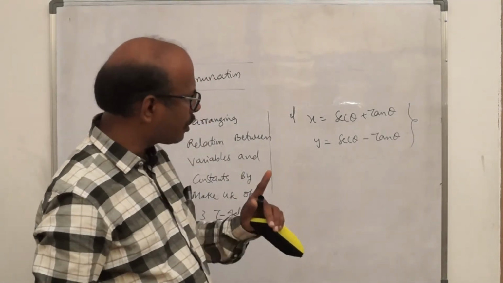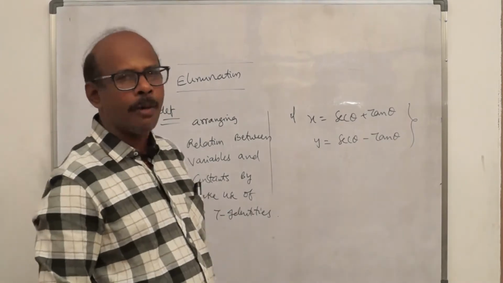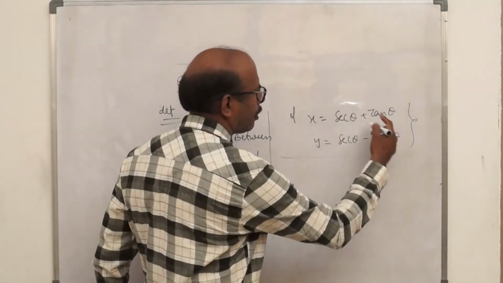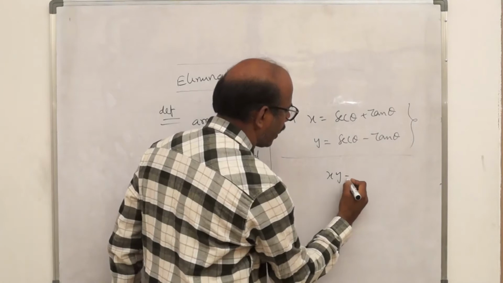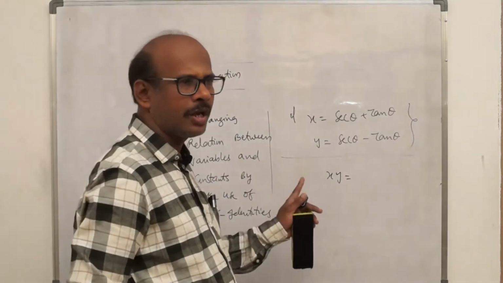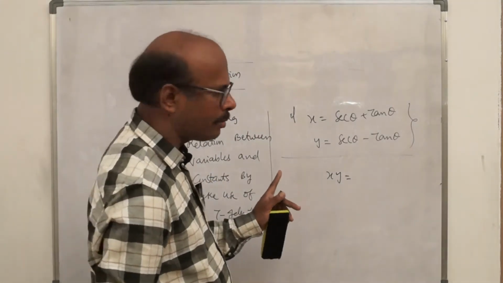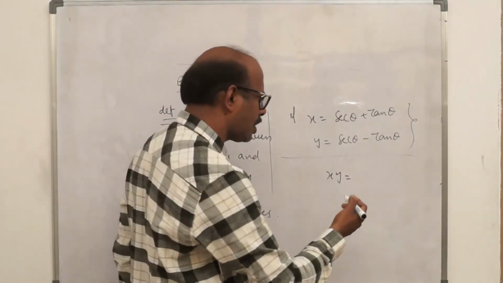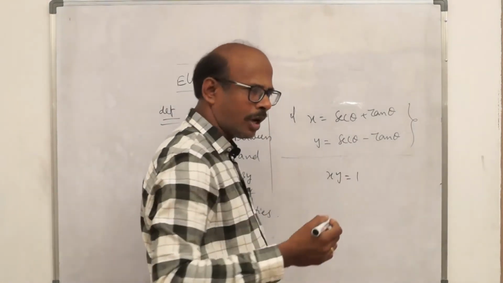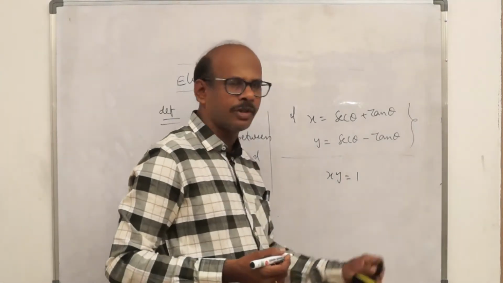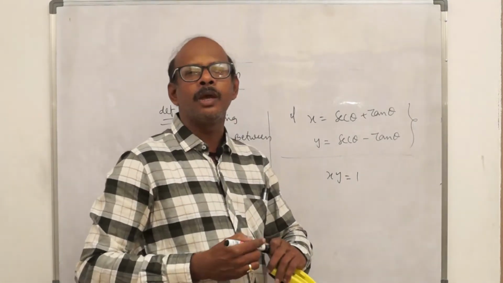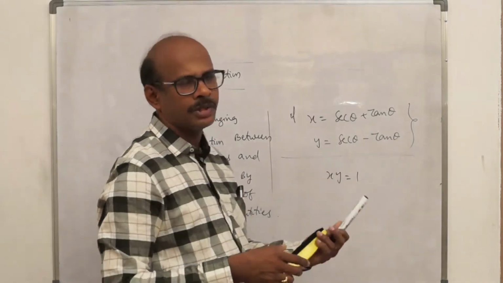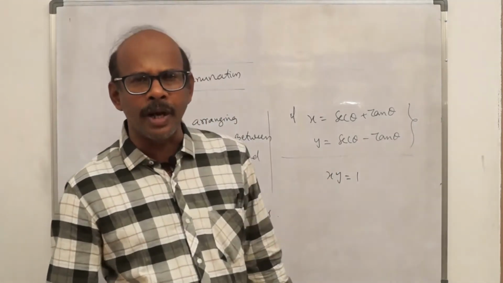By making use of that formula, the mathematical operation is multiplying the two equations: x times y, a plus b into a minus b, sec plus tan into sec minus tan, sec square minus tan square equals 1. So the relation between variables x and y with constant 1 is obtained. The elimination operation is completed.